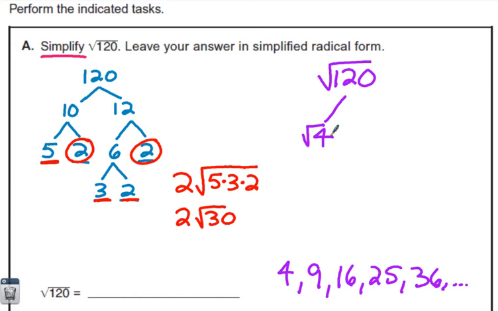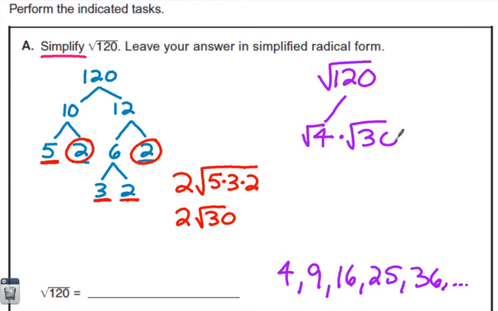It's actually not a very big square root, but that is the largest perfect square you can break off of 120. Not the square root of 9, not 16. And what would be the other factor? So 4 times what is 120? Or the square root of 4 times the square root of what equals the square root of 120? Pretty much the same thing.